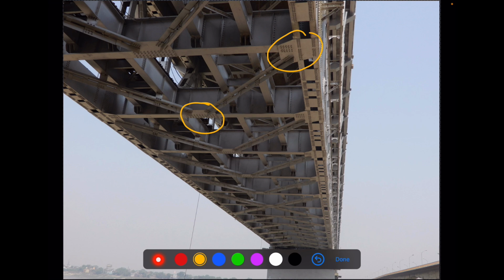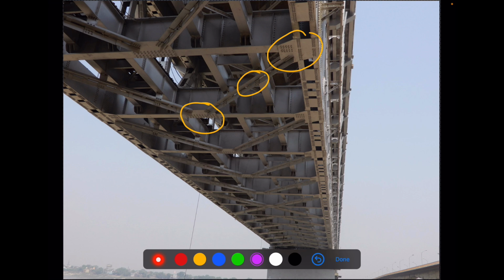Then what else is visible is the section of this bottom lateral bracing. It looks like the section of this cross bracing is the star type. So one angle is like this, another angle is like this, and in between at a few intervals we have provided plates.